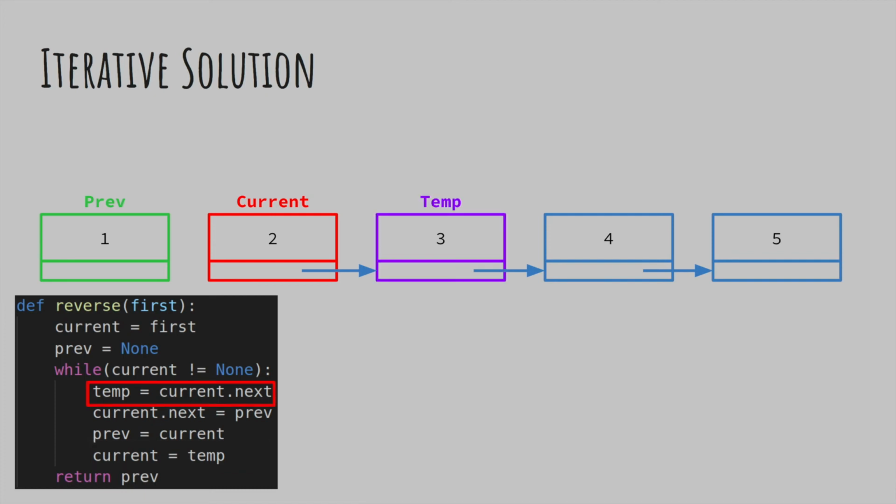And then our loop continues and we do the loop again. We will again save the next node in a temporary variable. We will let the current node point to the previous node, and then we will say again that the previous node is the current node, and the current node will be the node which we saved in the temporary variable.